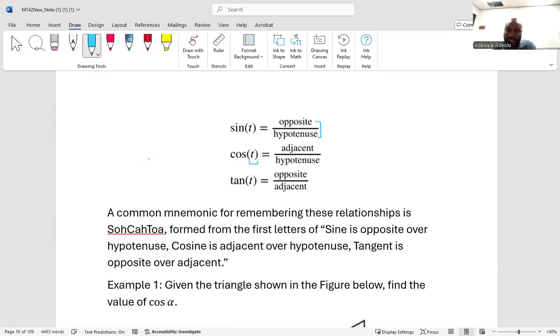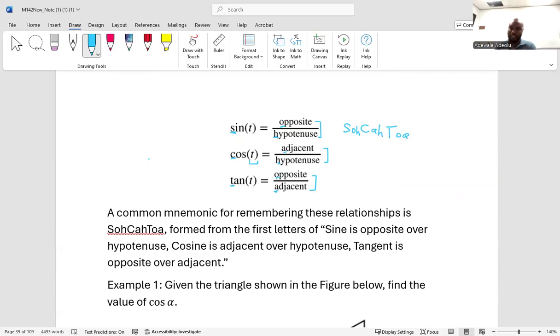Cosine of angle t is adjacent over hypotenuse, and tangent of angle t is opposite over adjacent. If I take the S from sine, the O, and the H, then I have this. If I take the C, I write it in capital, then the A and the H. Again, the T, then O and A.